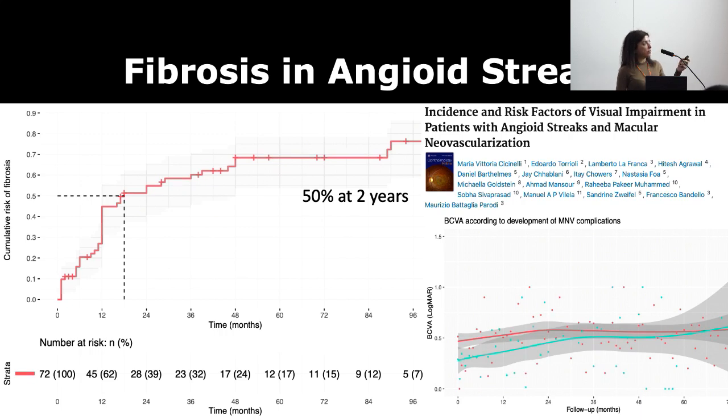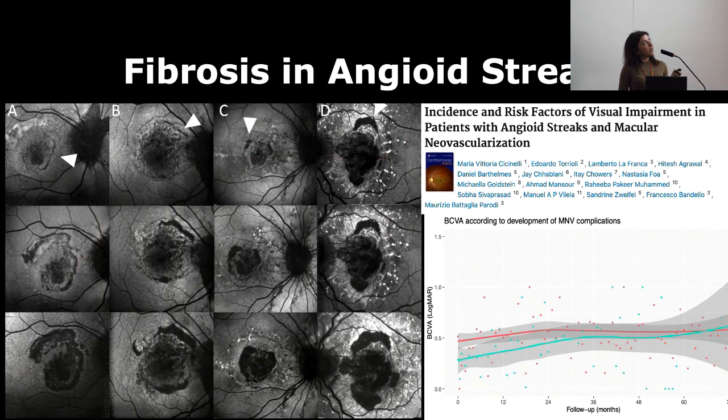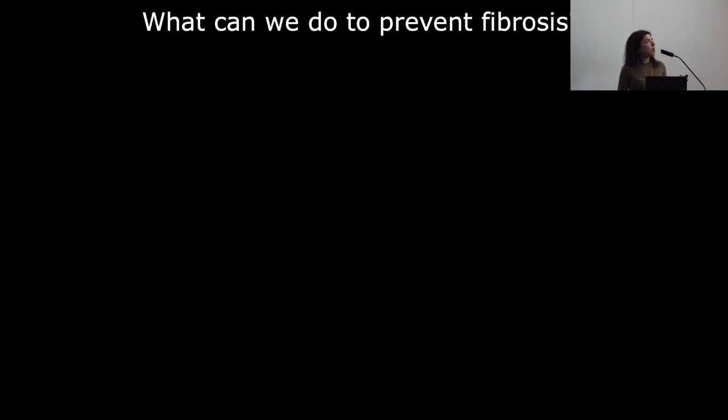As you can see in the line on the right, the red line, the eyes that developed fibrosis started from worse vision, but the other eyes caught up very, very early. This may also be due to the high risk of atrophy in eyes with angioid streaks and macular neovascularization.